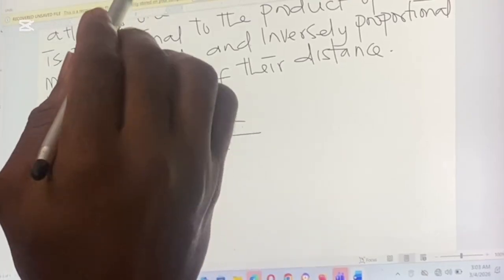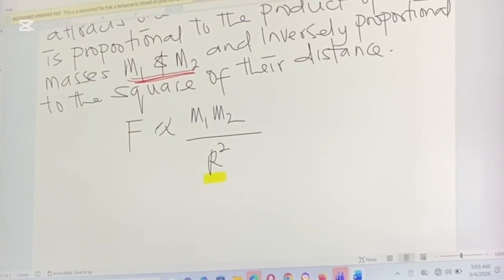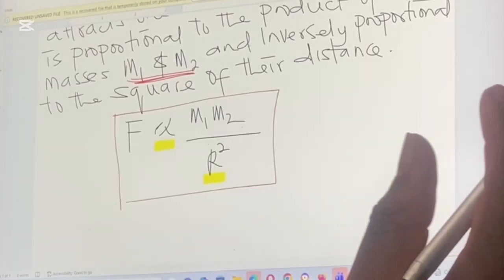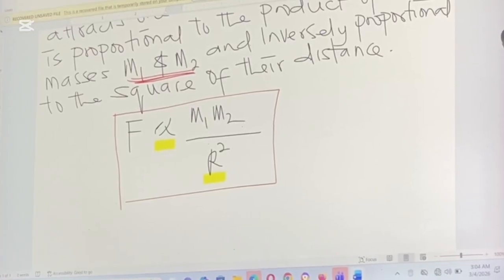So we are using r to represent distance here, okay? You can also use d to represent distance. So class, when you want to remove the sign of proportionality from any equation expression, we introduce two conditions. The first one is to introduce equal to. The second is to introduce a constant.